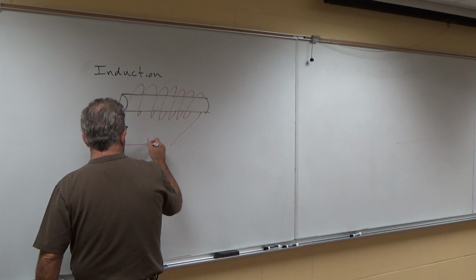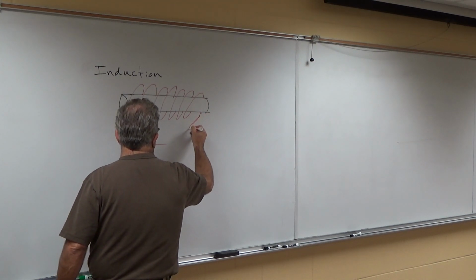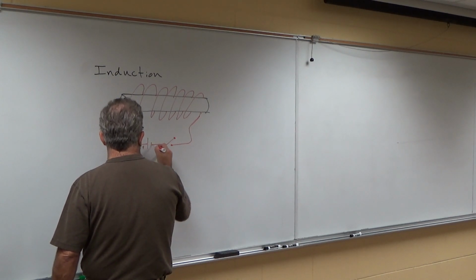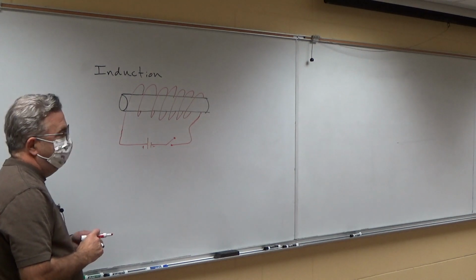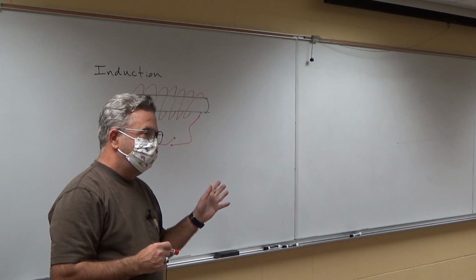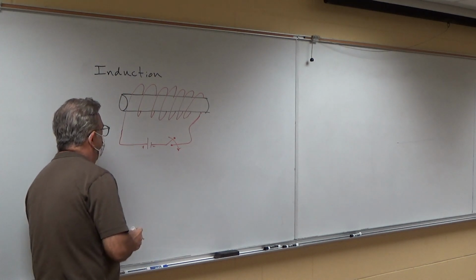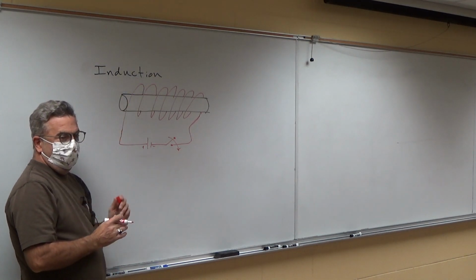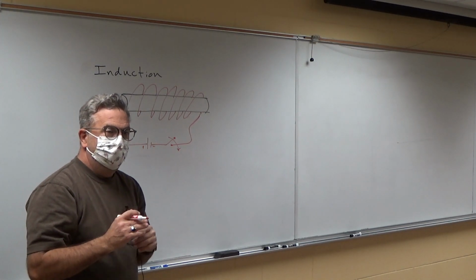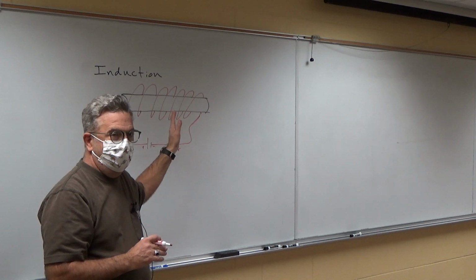And I connect it to a power supply and a switch. Let me draw this. Here's my switch. Okay. Well, when I close the switch, so boom, close the switch. What's going to happen? You're going to get a current in the coil. We already know that. It's a continuous coil, but you're also going to get a magnetic field from what we know about coils and magnetic fields.